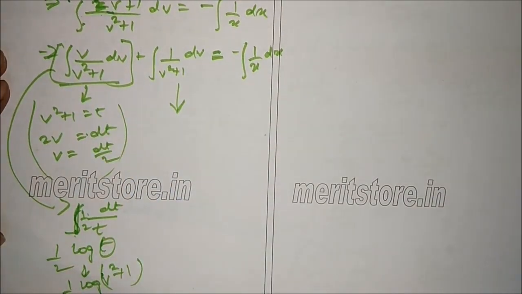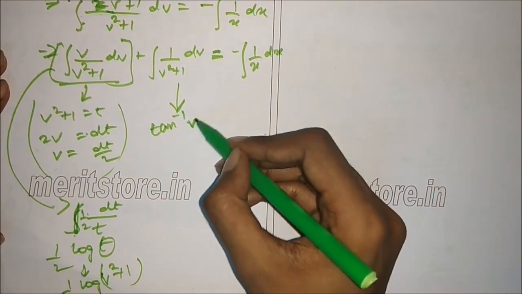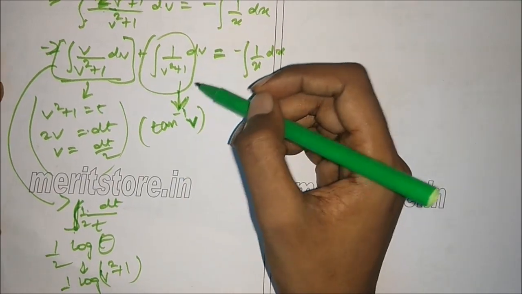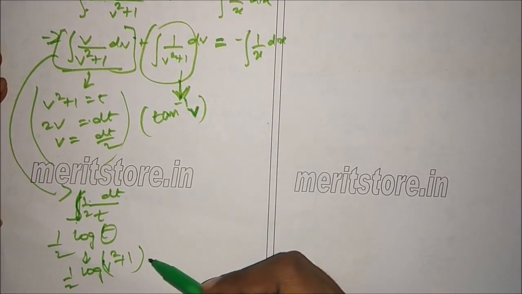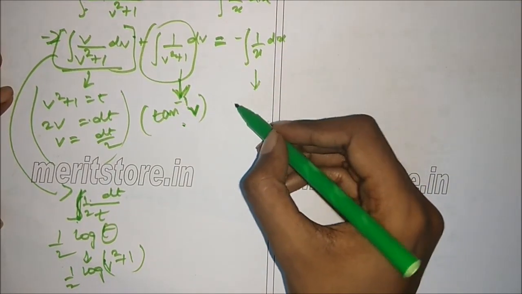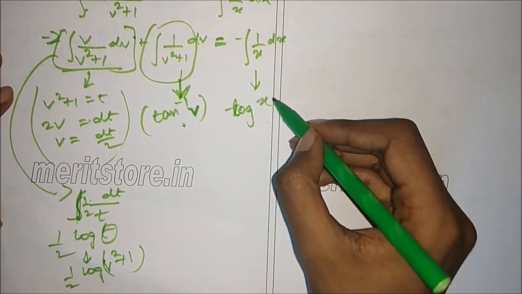Now integration of 1 by v square plus 1 is tan inverse of v for this term. This is a standard formula. So for this we got half log v square plus 1, for this we got tan inverse of v, and for this we get minus log of x.